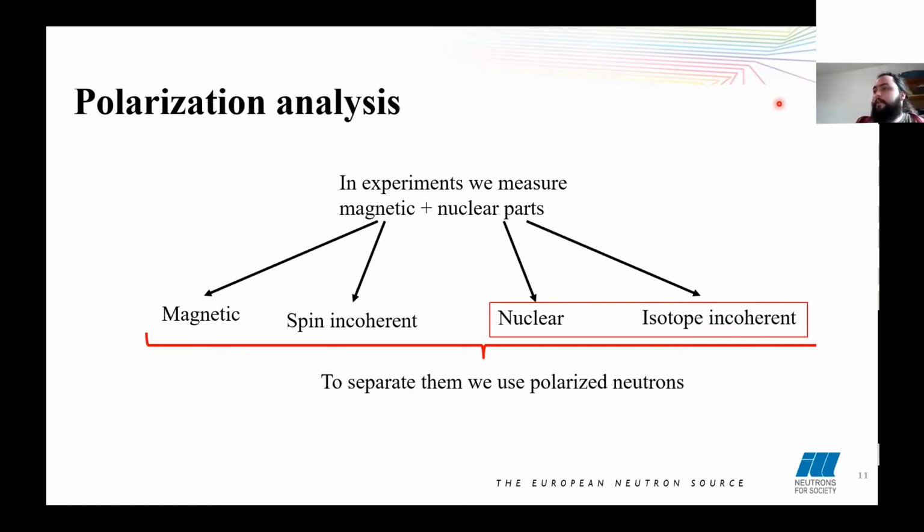Incoherent scattering can be separated into isotope incoherent, which is the random distribution of isotopes along the sample, and spin incoherent, which is the random distribution of the nuclear spin states. The nuclei also have a spin state, and the neutron can interact with it. Now, these two components cannot be separated, or at least not experimentally. You need to do some data processing, but we can separate these three blocks using polarized neutrons.